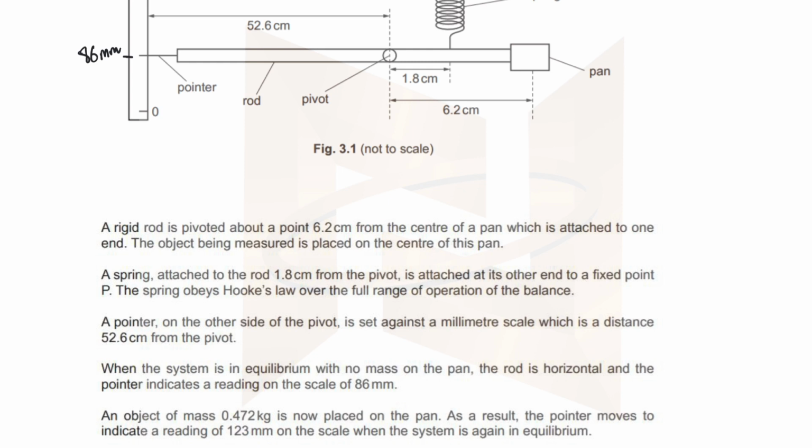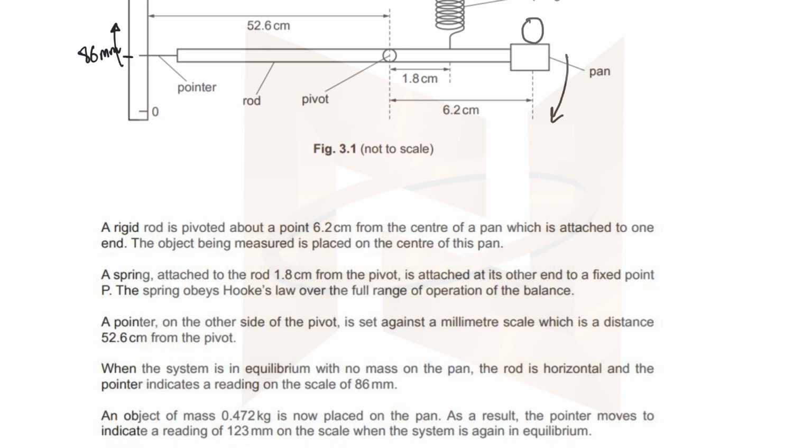Now what you do is you place an object like they're telling you over here. And when you place this object, what's going to happen? This side is going to tilt down and this pointer is going to move upwards because there is an imbalance on both sides. And the question is also telling you the same thing, that when this pointer moves, it moves to indicate a reading of 123 mm.